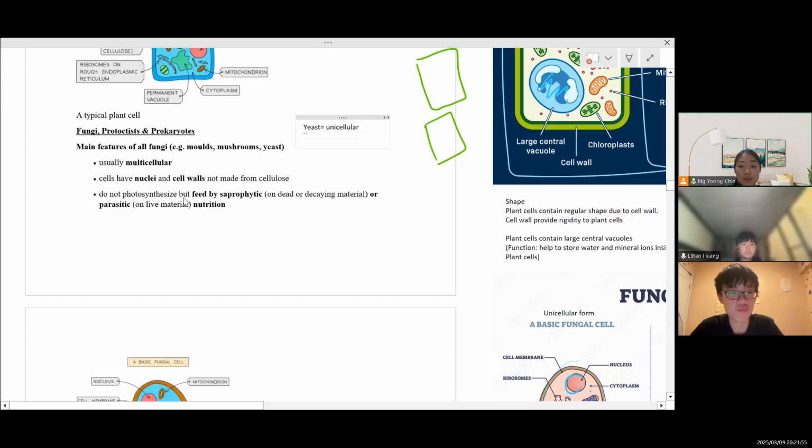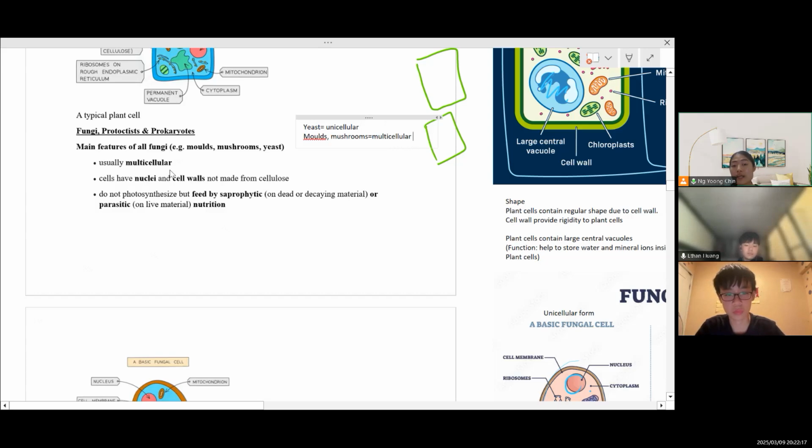Then the mold and the mushroom are multicellular organisms. That's a difference. So usually fungi appear as multicellular organisms, and fungi are also a type of eukaryote cell.